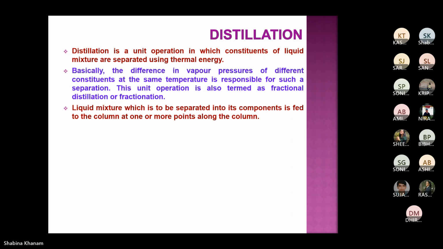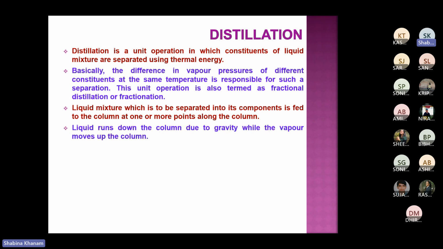So when I'm considering this liquid mixture which is fed at multiple points along the length, what happens, usually when we consider distillation, it is basically two phases. Okay, liquid phase as well as vapor phase.